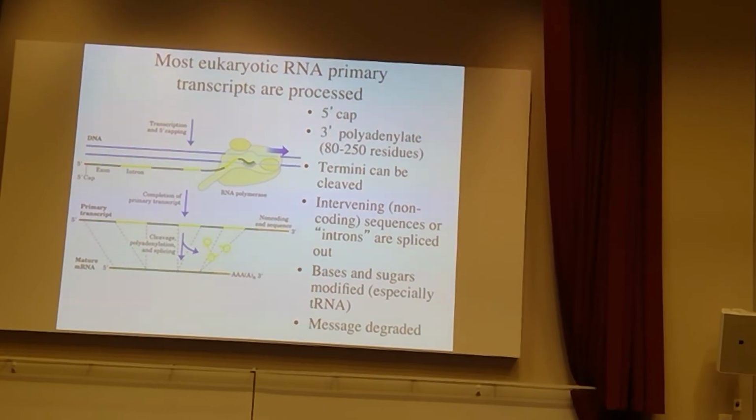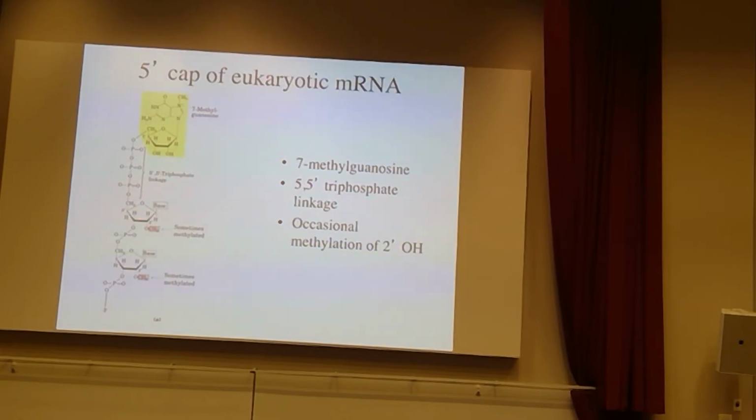Introns are spliced out, and then oftentimes bases within that RNA and sometimes sugars are chemically modified. We'll see this is particularly the case for tRNAs. The mRNA can then be used as a template by the ribosome until such point as it's no longer needed, and then the mRNA can be degraded.